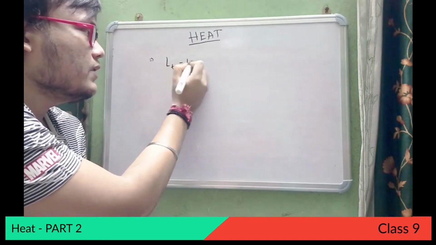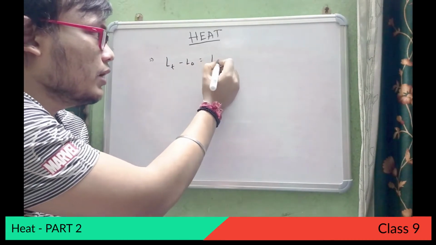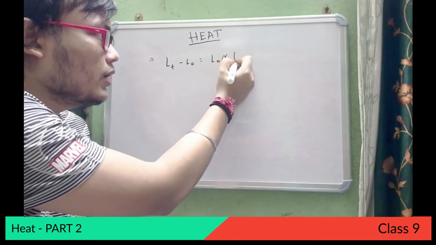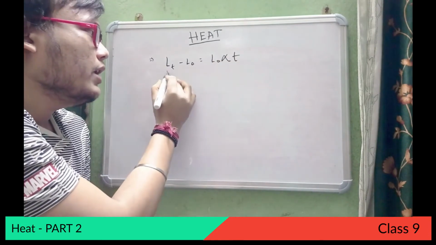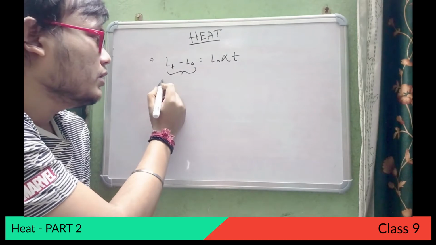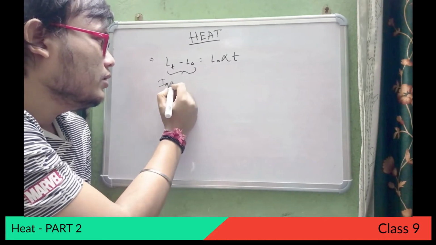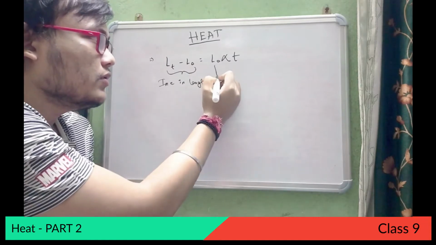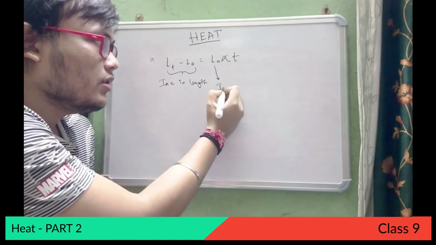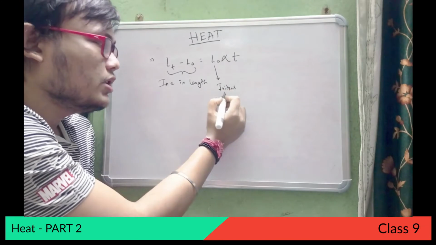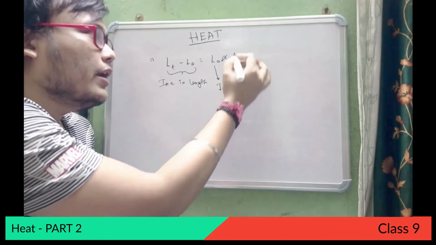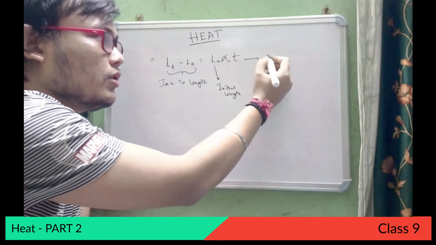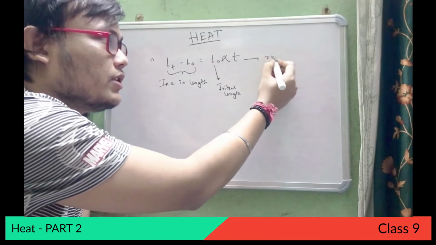LT minus L0 equals L0 alpha T. So LT minus L0 was the increase in length, L0 was the initial length, and T was the rise in temperature.